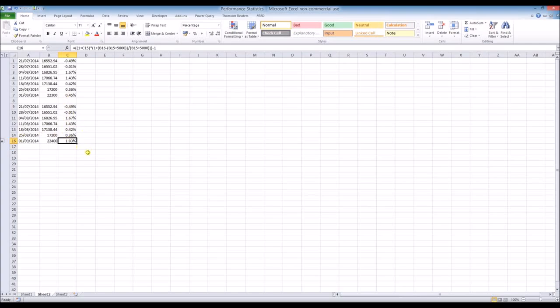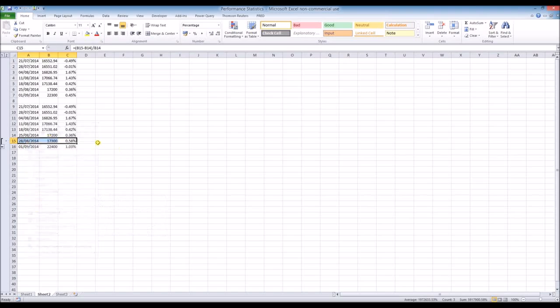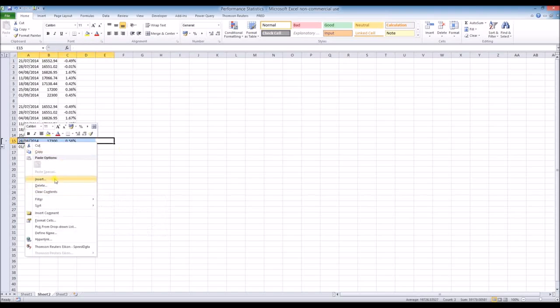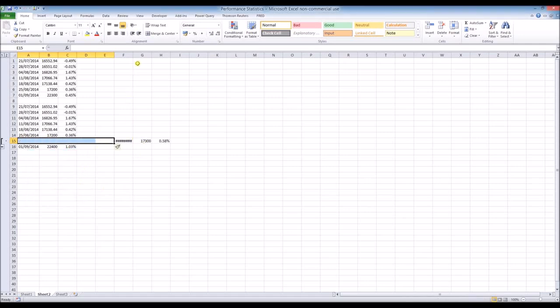And those are your returns. So the only issue then that you might run into is when you use these columns to do your performance statistics, you don't really want to include this in your portfolio statistics. So you could just shift those across. So select 5 cells in a row, right click, insert, shift cells to the right, and do it that way.